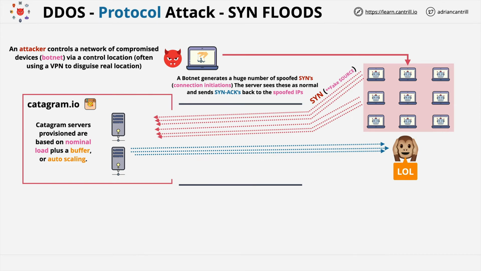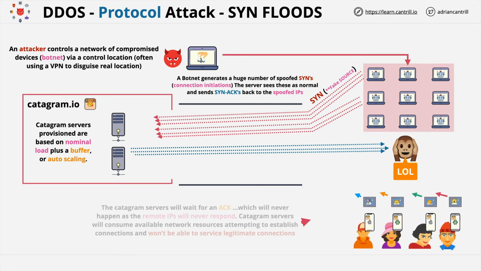Because they're being ignored, it means the connections will stay in this hung state. The network resources which would otherwise be used for legitimate connections are waiting for this second part of the three-way handshake. And because the botnet is providing millions and millions of these fake connections, it can mean that the network resources are completely consumed with these fake connections.